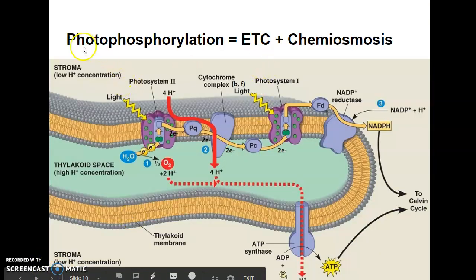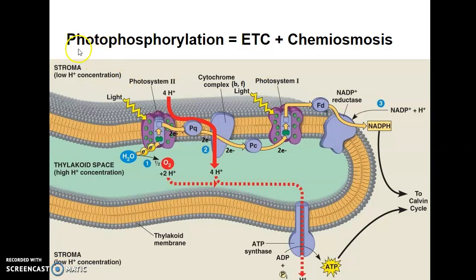Okay, and so similarly though, in the chloroplast within the thylakoid membrane, we have, rather than oxidative phosphorylation, what is called photophosphorylation, and that's because we use light as our stimulus to provide the energy for the electron transport chain as well as the chemiosmotic process.